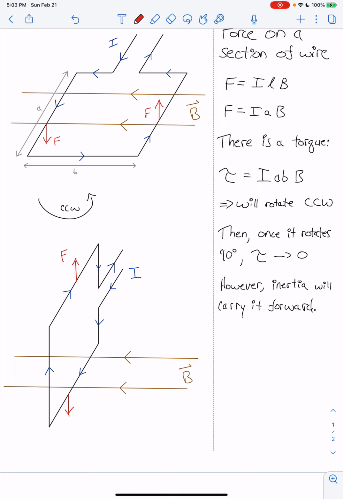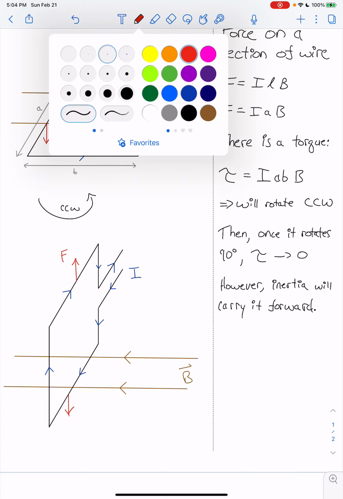What we're interested in is rotation all the way through. So it has this torque initially, and then it loses it once the orientation between the current and the magnetic field is such that there's no more torque.